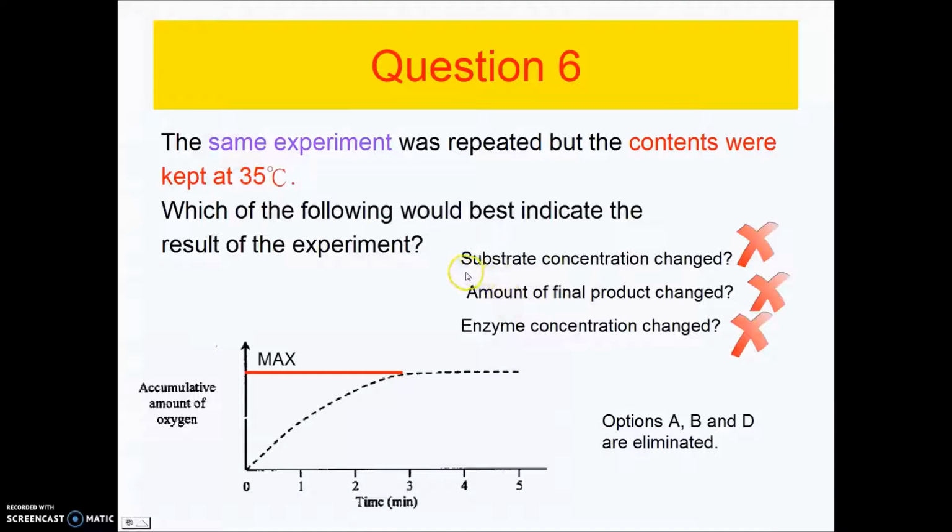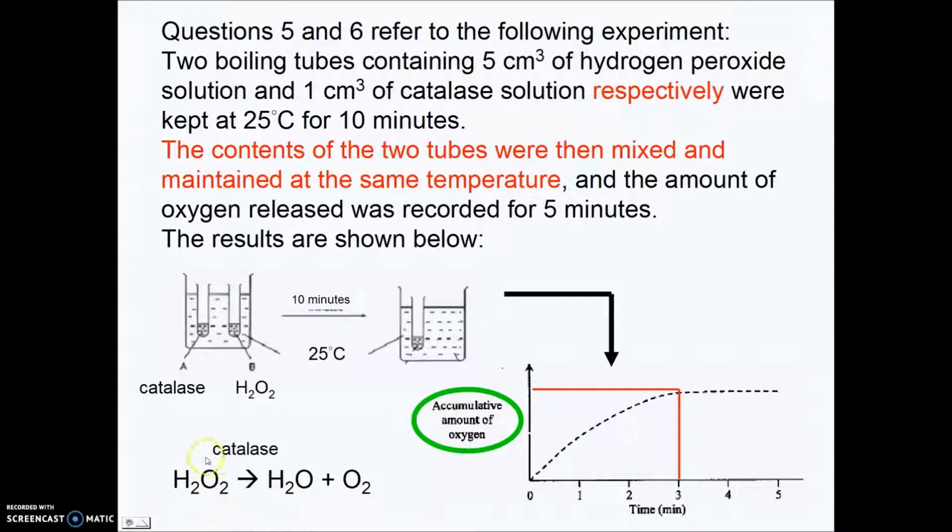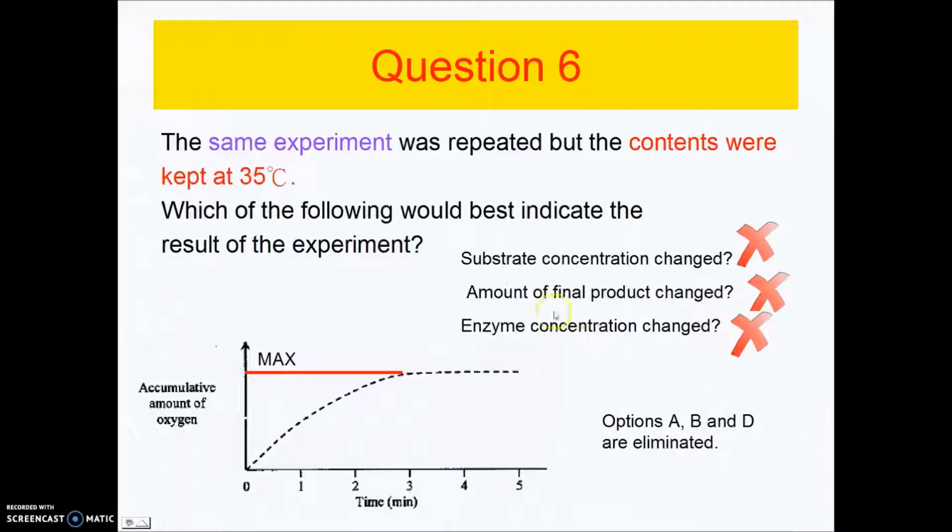And if the substrate concentration did not change, the amount of final product also did not change, because from this formula, a certain amount of substrate will be used to produce a certain amount of product. 你有幾多 substrate 都係整返幾多嘅氧氣嘅啫，或者個 product 嘅啫，係咪？唔會整多，唔會整少噶嘛。So in this case, since the substrate concentration did not change, the amount of final product also will not change.